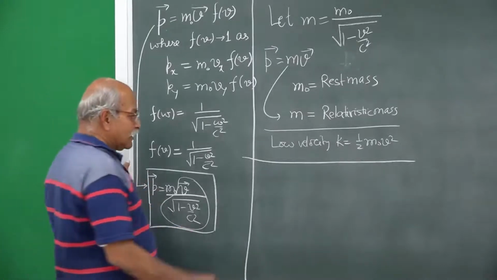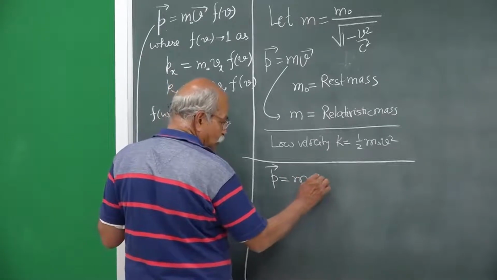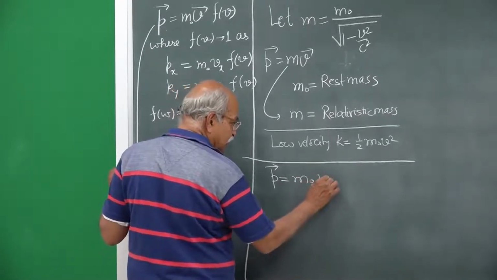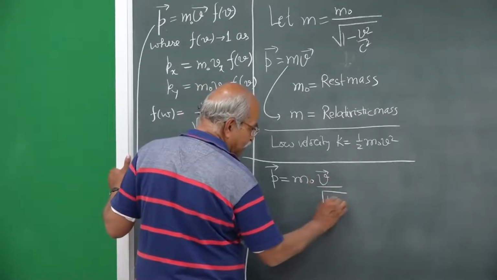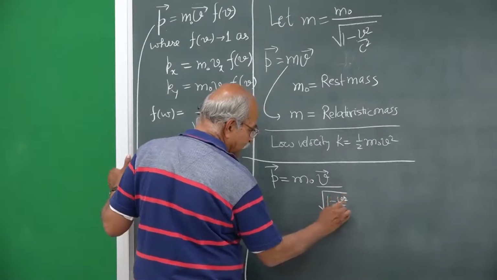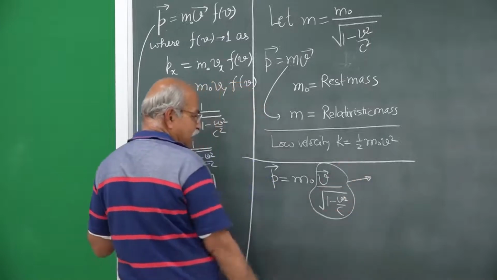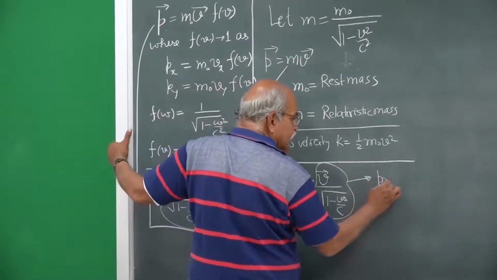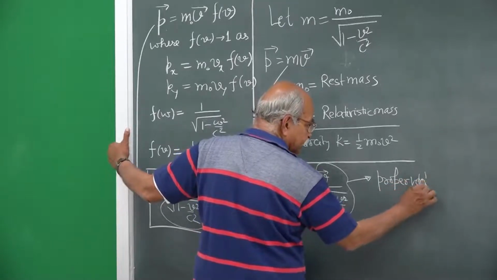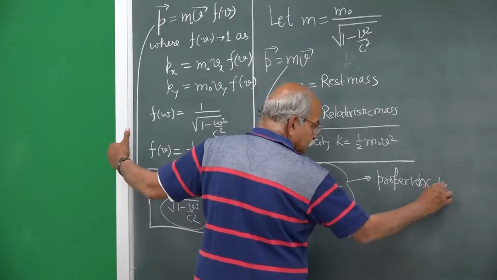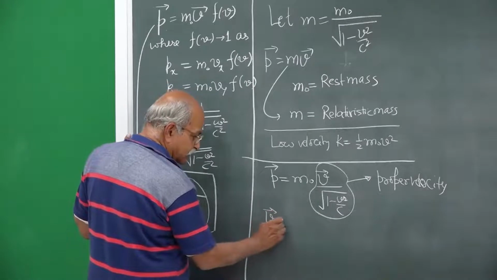We can say P is equal to ordinary mass into ordinary velocity divided by square root of 1 minus v square by c square, and we give a name for it. Let me give a name, I will justify later. Let us call it proper velocity. This v is ordinary velocity.